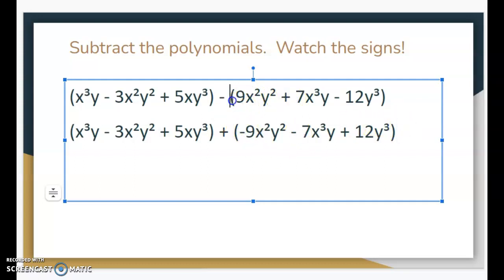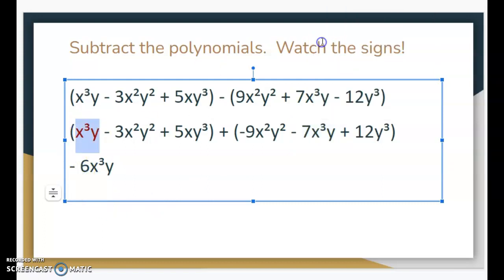So subtracting a positive, adding a negative, these are equivalent. There is an x cubed y and a negative 7x cubed y. So that'll be a negative 6x cubed y. 1x cubed y minus 7x cubed y is a negative 6x cubed y.